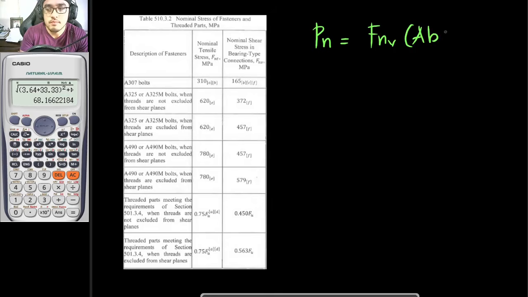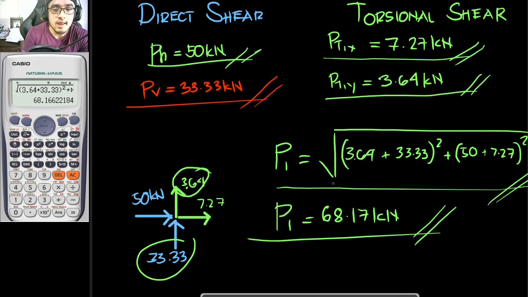If you can remember this equation right here, Pn is equal to Fnv, times the area of the bolt, times the number of bolts. So here, in our Pn, our Pn is to be this one right here, 68 point.